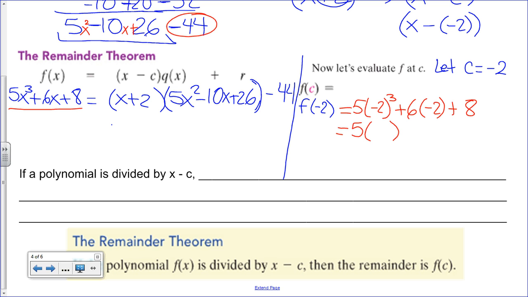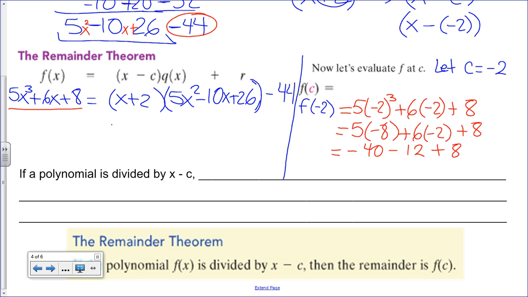Negative, because it's negative times negative times negative. Then we have plus 6 times, well, minus. So now we multiply 5 times negative 8 is negative 40. 6 times negative 2 is negative 12, and then we have plus 8.